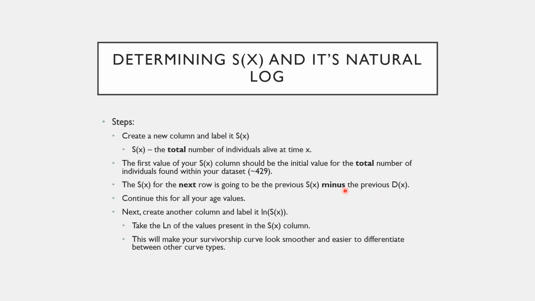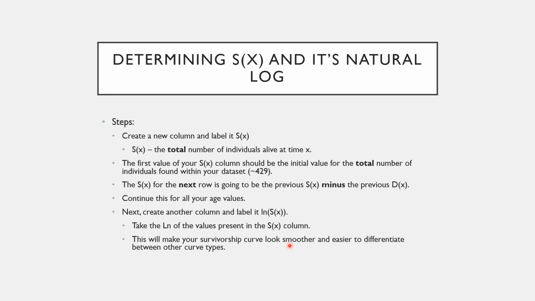So your next S of X is going to be 425, and that will continue on throughout all your age values until eventually you might have one individual left in your S of X column for the very last value. And then next, you're going to create a new column and label it natural log of S of X, and you're going to take the natural log of all the values present within your S of X column.